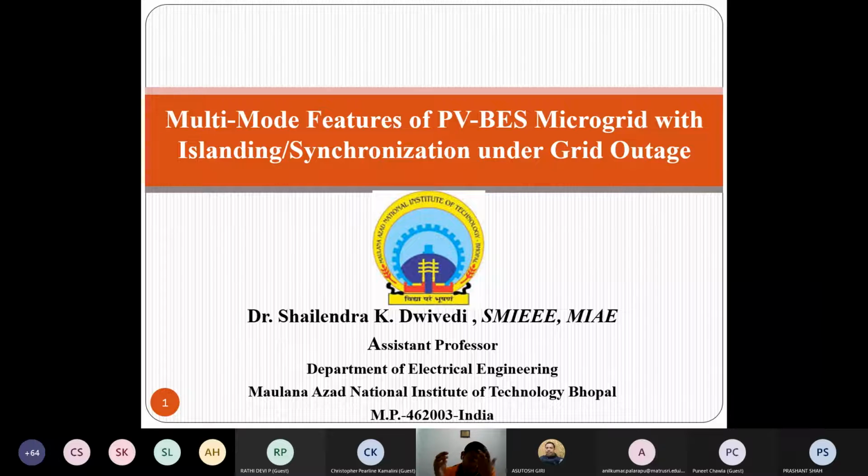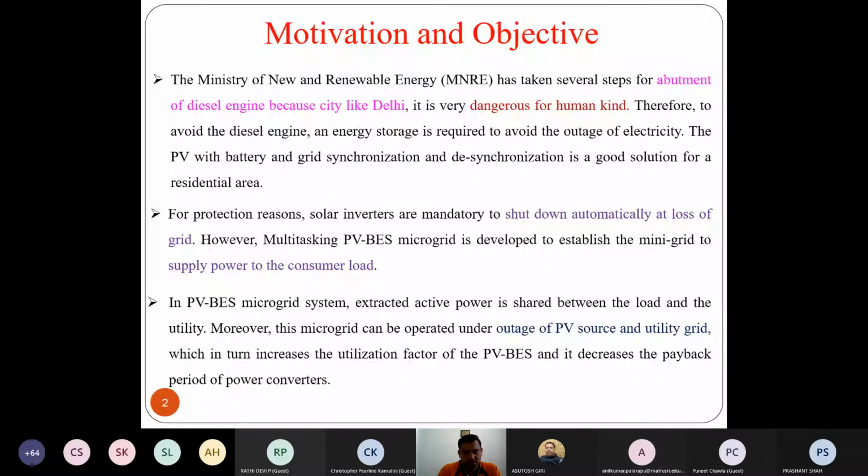These kinds of multiple features we have incorporated in this photovoltaic battery energy storage based microgrid. Apart from that, islanding and synchronization when there is a grid outage, meaning the grid is not there for 6 to 7 hours and then the grid appears again, are also taken care of in this system.